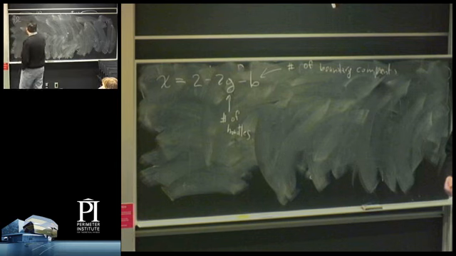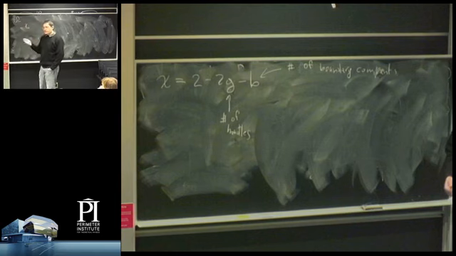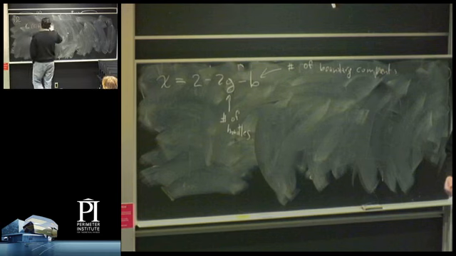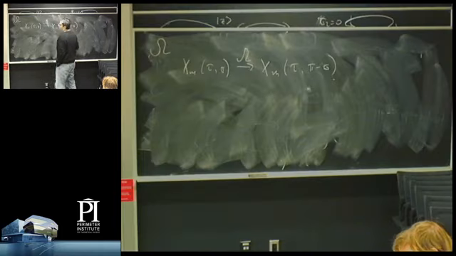How does it act? It acts both on closed string and open string. In the case of closed strings, you just flip the direction. In the case of the open string, x mu of tau and sigma will go, if you act with omega, to x mu of tau and pi minus sigma.